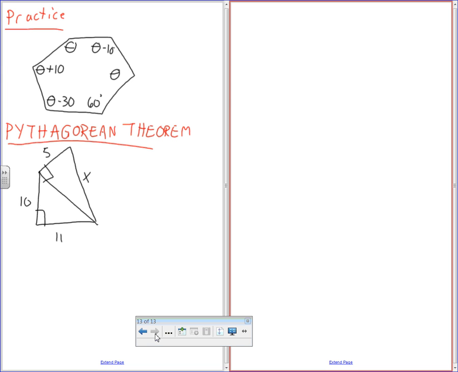A squared plus b squared equals c squared. 10 squared, 100, plus 11 squared, 121, equals 221. Wait, hold on. I'll call that y. So you said a squared plus b squared equals c squared. Exactly right. 10 squared plus 11 squared equals y squared. So 100 plus 121 equals y squared. 221 equals y squared.